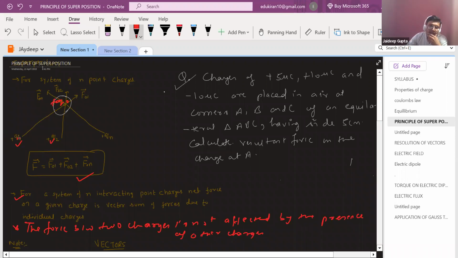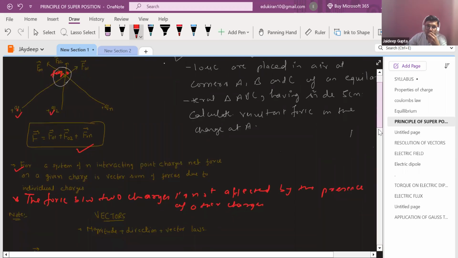It means if we calculate the force due to Q1, the force between Q1 and Q0 is not affected by the presence of Q2, Q3, Qn and other charges.